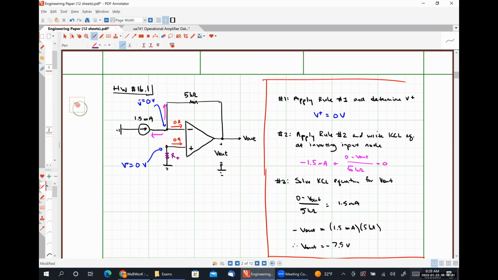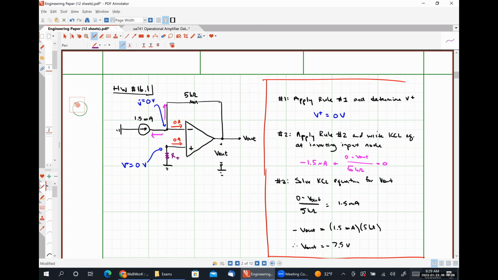From an analysis perspective, this resistor serves no purpose whatsoever, because since no current can flow into the non-inverting input terminal, that means no current can flow through that resistor I've labeled as R plus. So there's no current flowing through it and there's no voltage drop over it. So it may as well not even be there.